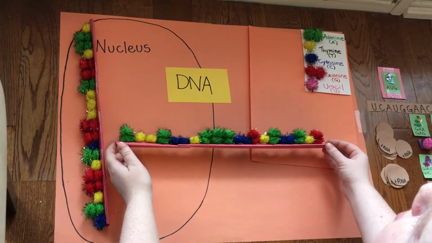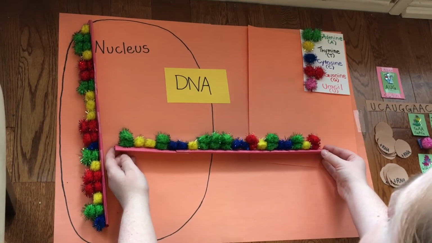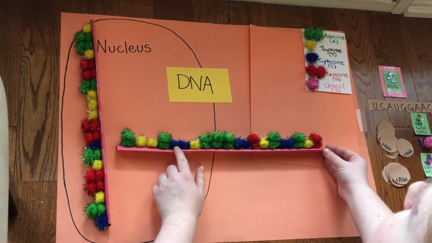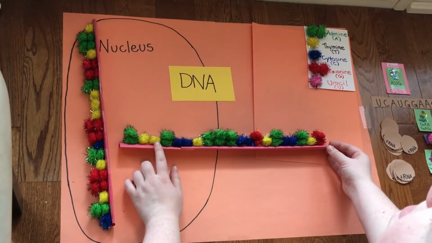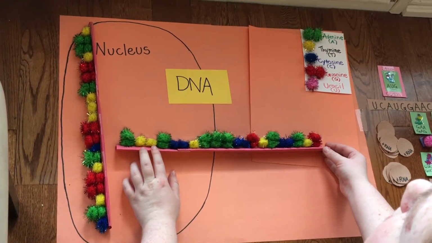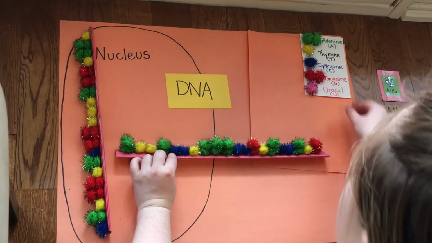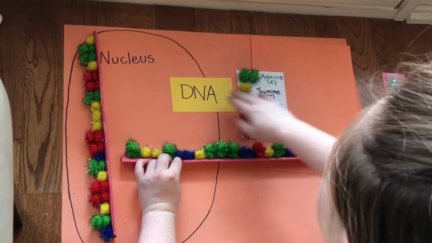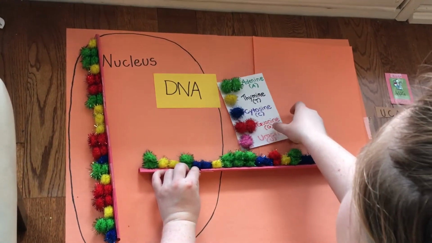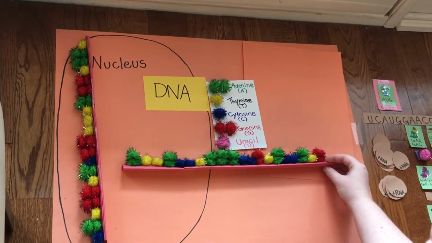And the variable bases carry hereditary information, as I've represented with these pom-poms. Your DNA is composed of 4 different variable bases called adenine, guanine, thymine, and cytosine. And if you see here, we have just a little key to represent each one on our DNA here.